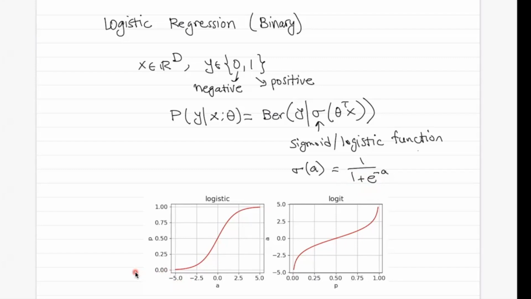And then we also discuss the fact that this is an invertible process, meaning that if I have the probability and I want to know what value of a led to that probability score, we can solve that problem easily using the logit function. The logit function is the inverse of the logistic function.